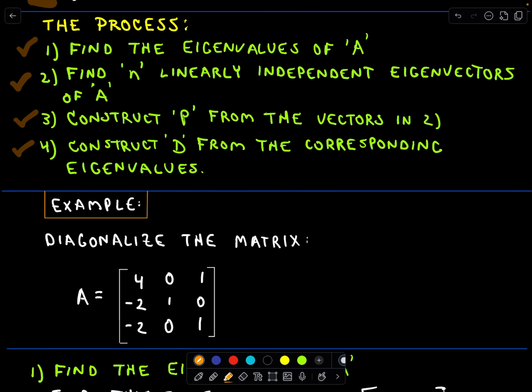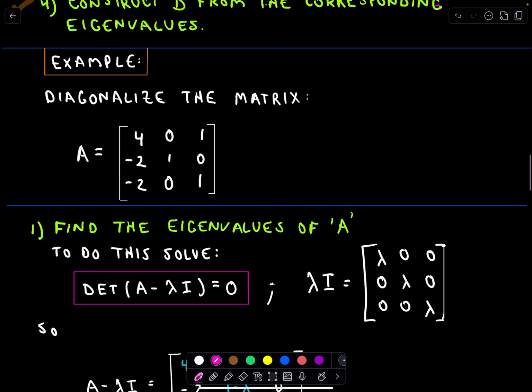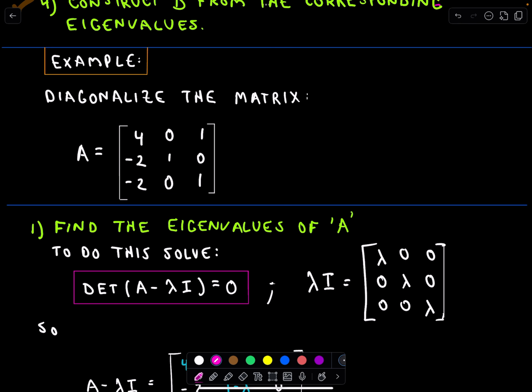And lastly, we'll construct D from the corresponding eigenvalues. Okay, so let's diagonalize this matrix A with entries 4, 0, 1, negative 2, 1, 0, negative 2, 0, and 1. Let's begin going through that process now.